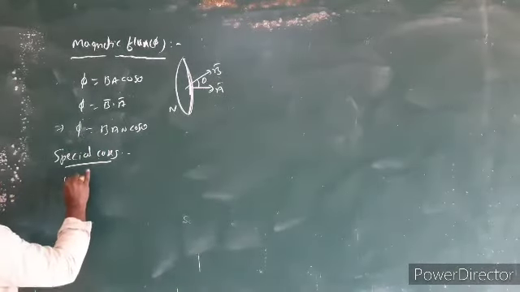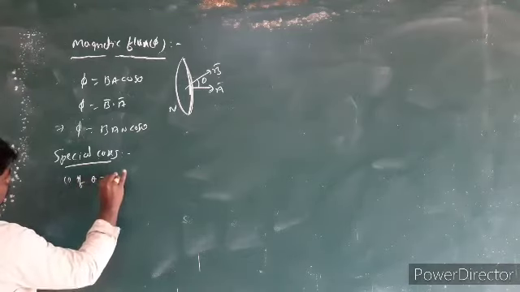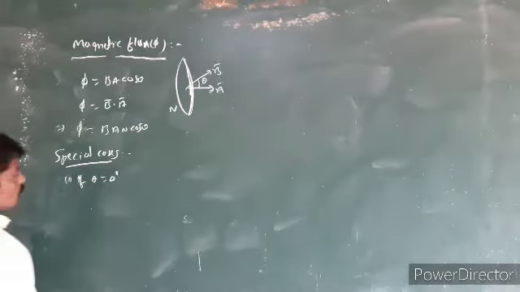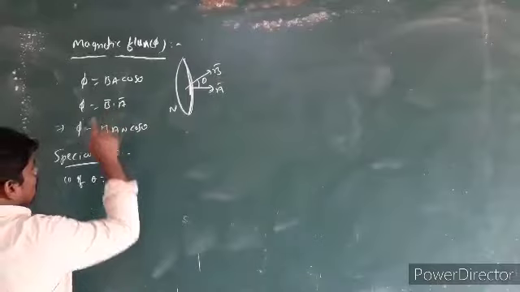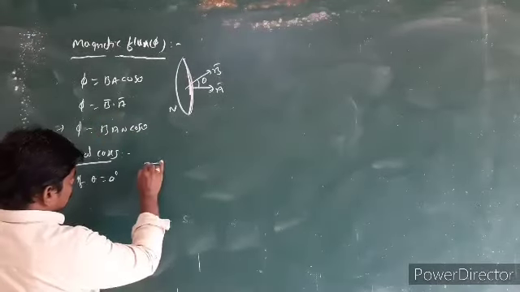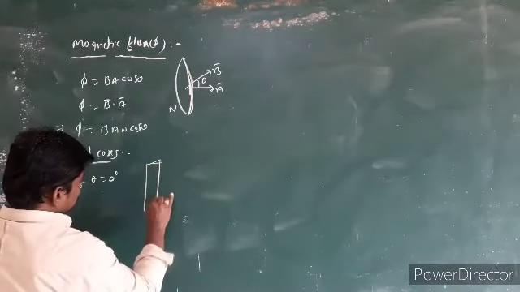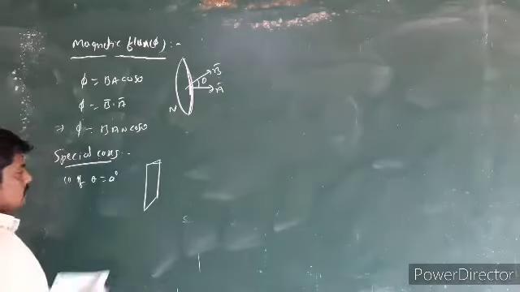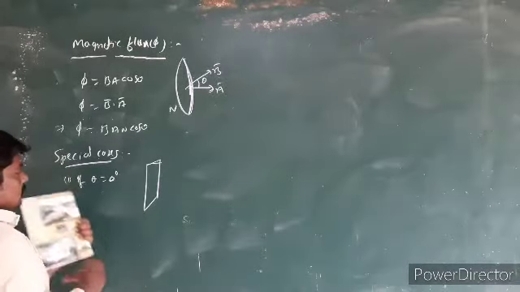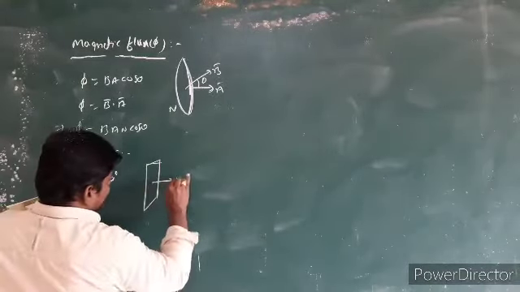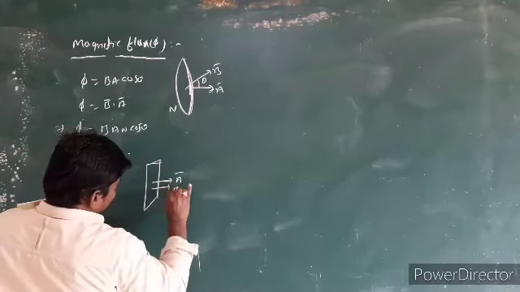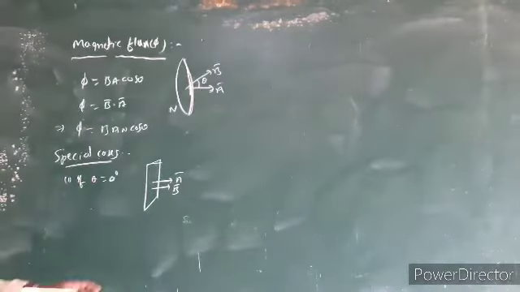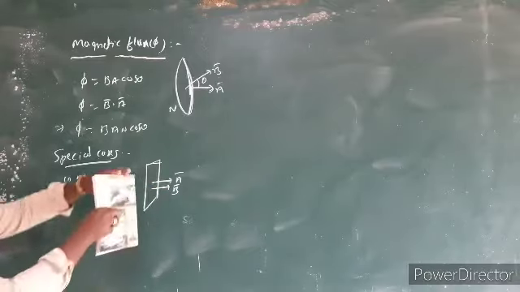First one, if theta is equal to 0 degrees, theta 0 means the angle between B bar and A bar is 0. Consider this is the closed surface. Now the surface is like this here. This is the area vector, this is the magnetic field. Magnetic field and area vector both are parallel.